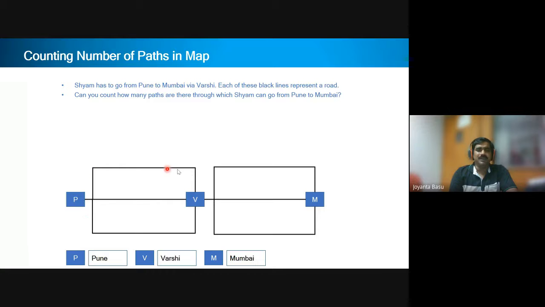So this black color is one possible condition. From Pune you can take this road, and you can also take this road to reach Mumbai. Similarly, you can take this lower road, and also this lower road to reach Mumbai. So how many combinations are possible to reach Mumbai from Pune via Vasi? That's the problem.